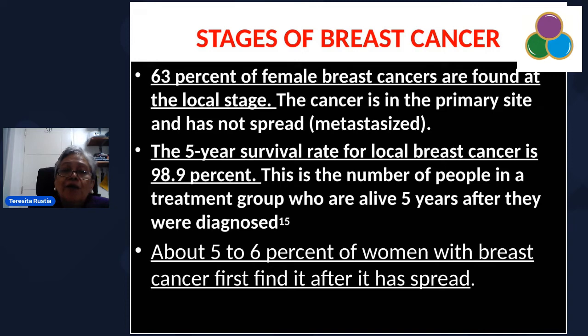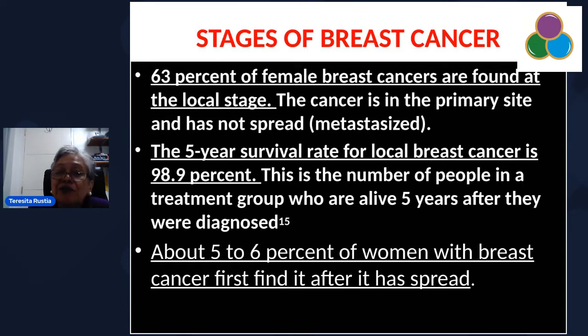Now, when it comes to the stages of breast cancer, 63% of female breast cancers are found at the local stage. Meaning to say, it is just in the primary site. It is not spreading. They are not metastatic. Okay? Just in one site.